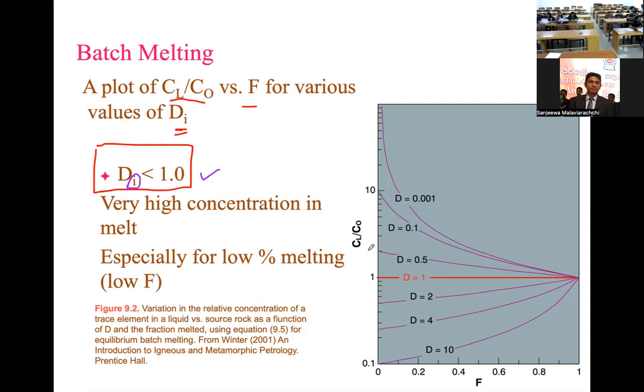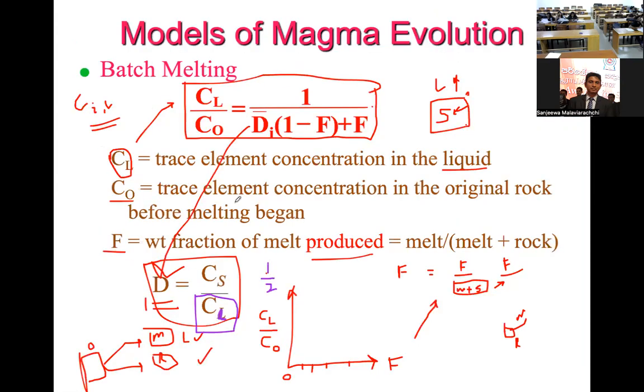Okay, so if you plot that Cl over Co ratio, since this is an incompatible element, this value, Cl divided by Co, should always be a bigger number, right? Because this is an incompatible element. According to the partition coefficient, we have a value less than 1 here, because partition coefficient is defined by this equation.